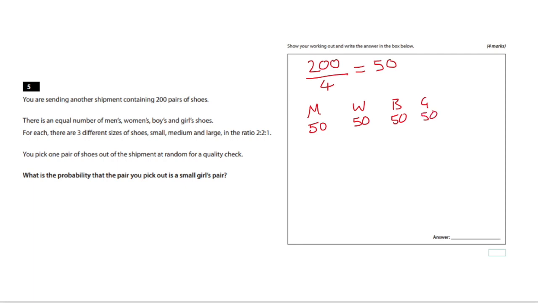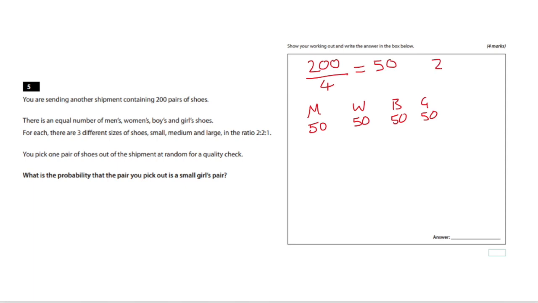For each, there are 3 different sizes of shoes, small, medium and large, in a ratio of 2:2:1. So if we divide that 50 by, we've got 2:2:1, so 2 plus 2 plus 1 is 5. If we divide that by 5, we will get 10 for each number in the ratio.